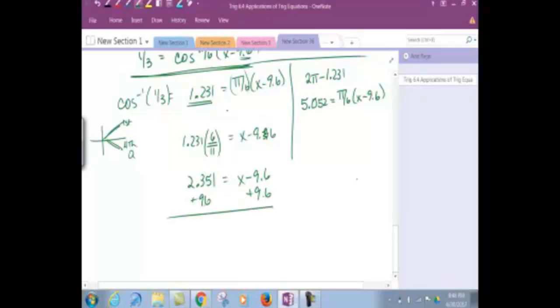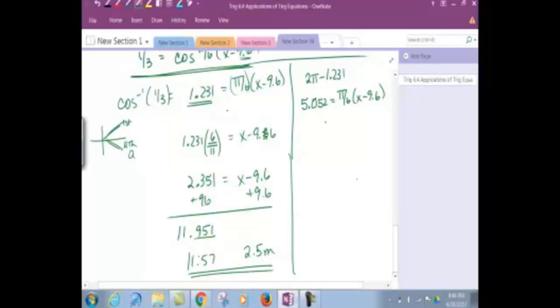And so what that means is that at 11.951 hours, which if you multiply this by 60 would be approximately 11:57, the depth is 2.5 meters. Okay, that's the first one.